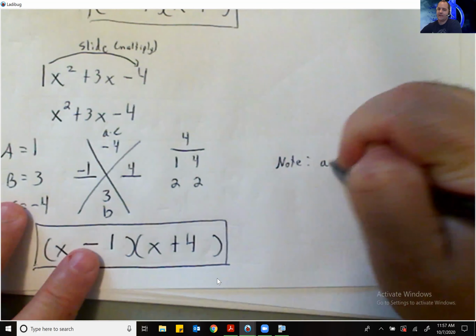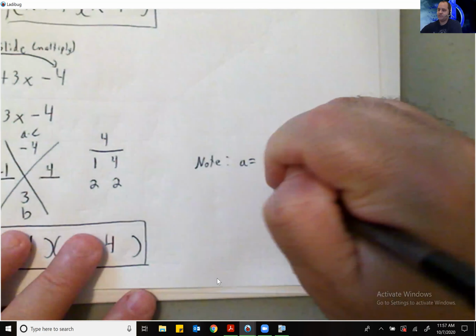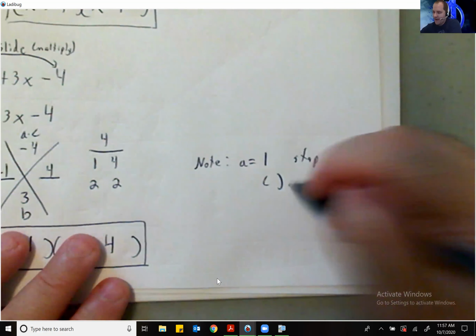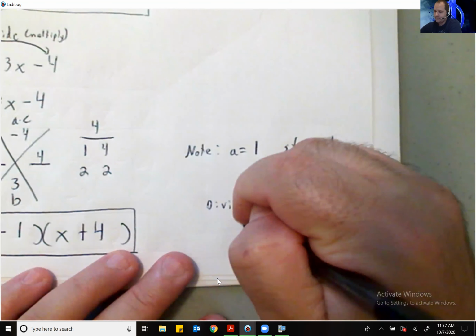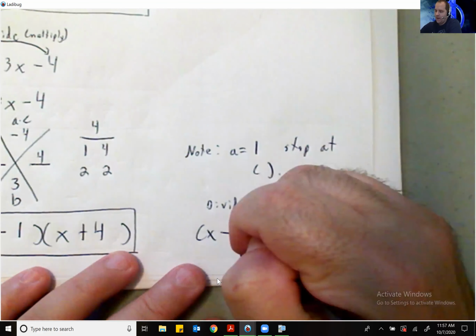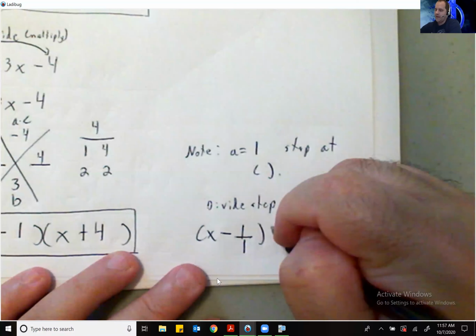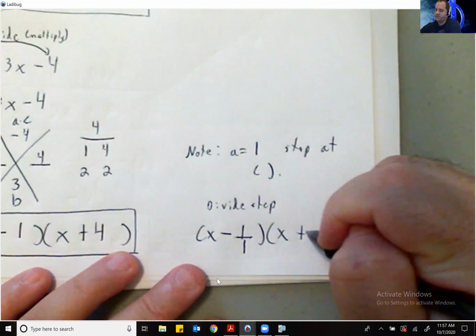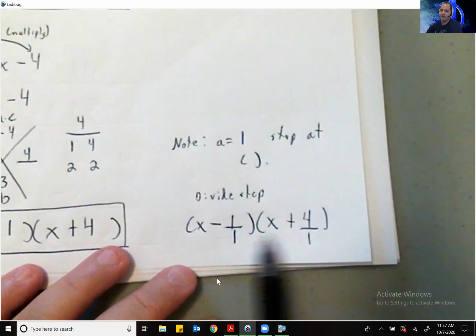When your A is equal to 1, stop at parentheses. Because the divide step, which is this, x minus 1 divided by 1, because that was our A, and x plus 4 divided by 1, because that was our A. Is that going to change my numbers any?